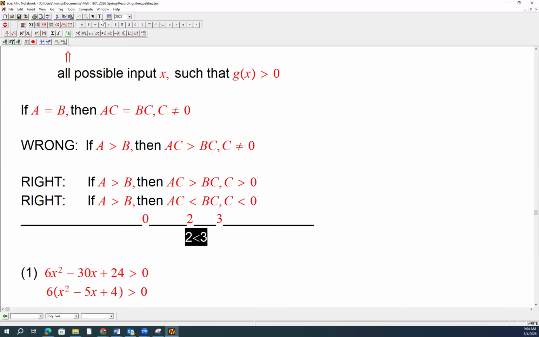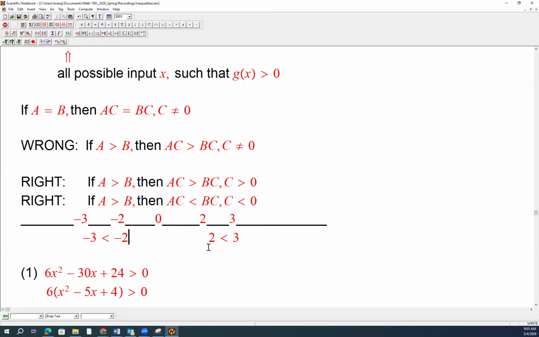However, if you multiply 2 by negative 1, so negative 2 here, and you multiply 3 by negative 1, negative 3, then you will have negative 3 less than negative 2.